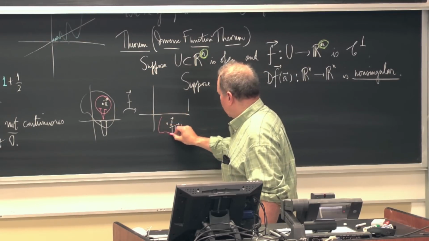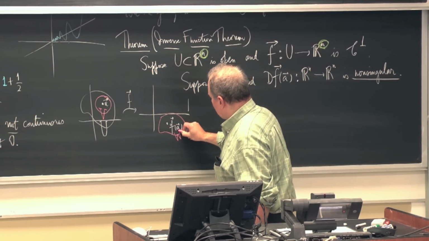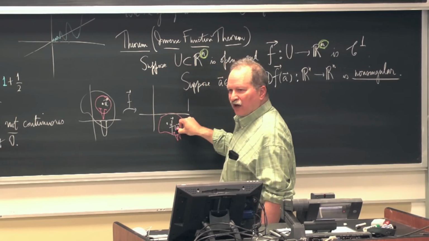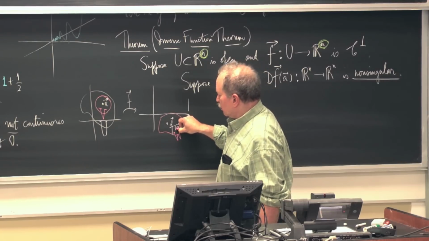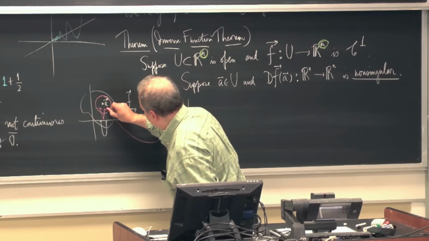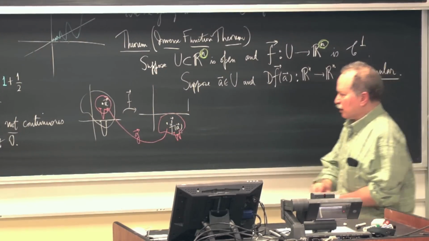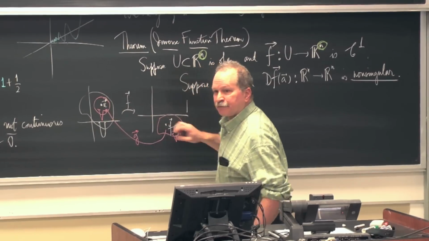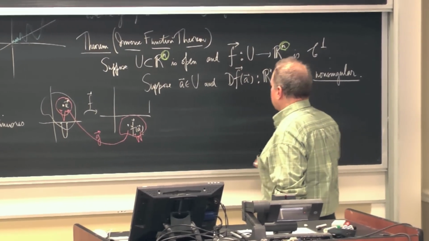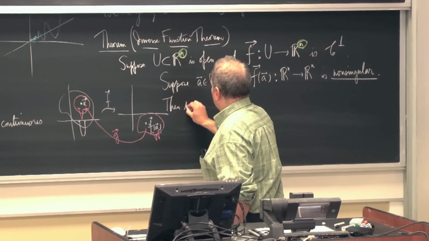There's some neighborhood W of f of A, and a function that goes backwards that's going to be an inverse of f, if you think about f just on that little set.